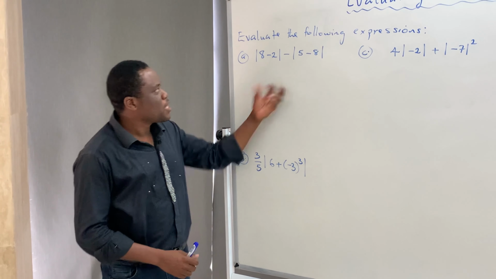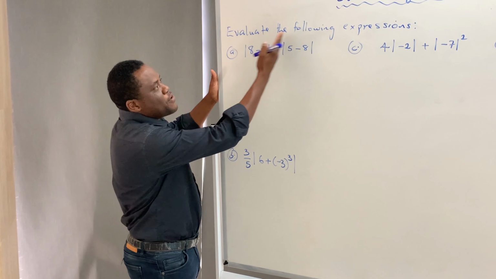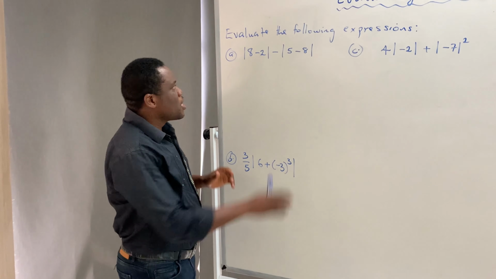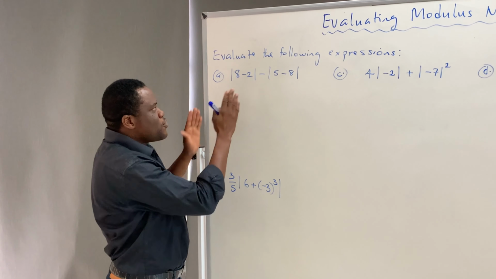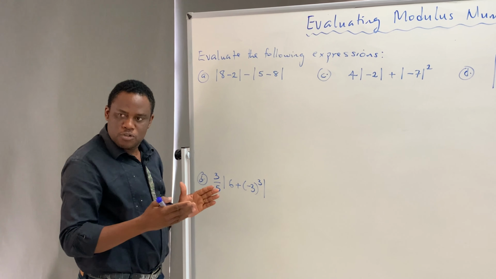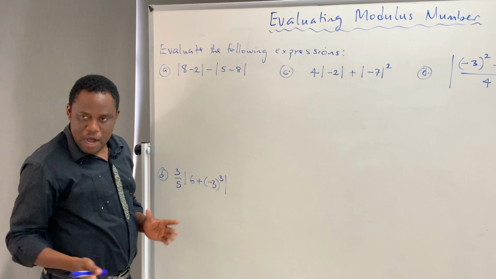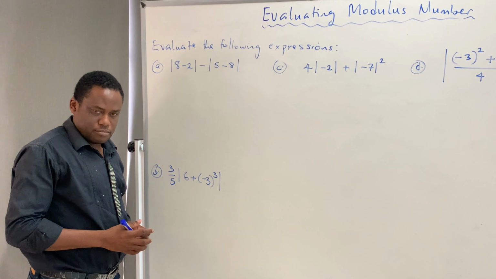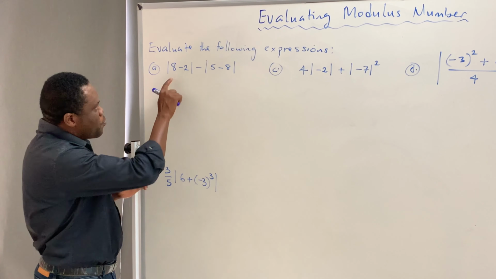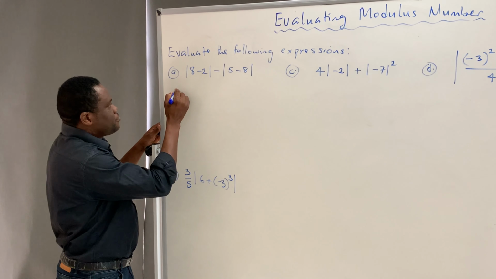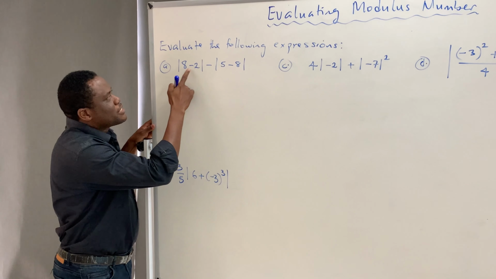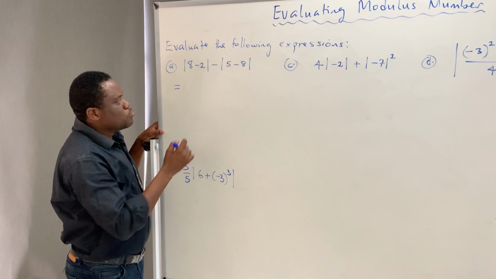Now let us start. The first question says, we should evaluate the following expression: modulus of 8 minus 2 minus modulus of 5 minus 8. Before you can find modulus, you have to work with what is inside, right? First, it's very important, just like BIDMAS, open the bracket, work out what is inside. So let's start. 8 minus 2 is 6.